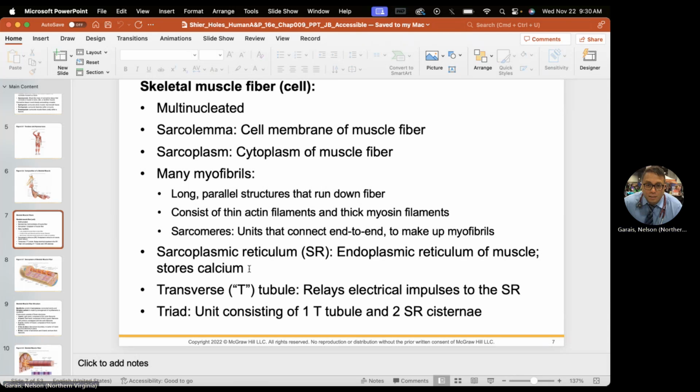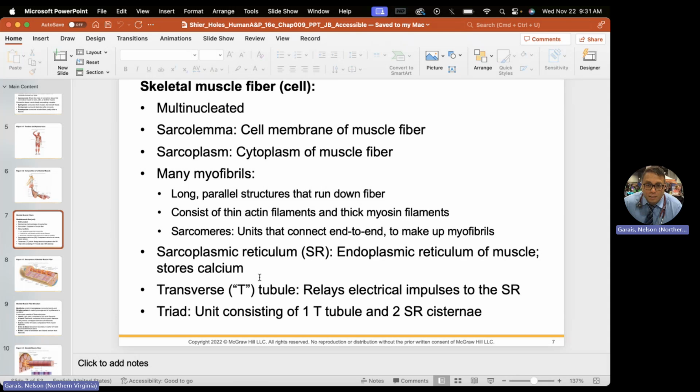Now, we know that the nerve impulses turn on a muscle or make a muscle contract, because that's the main characteristic or skill set of muscle. Its only function is to contract. It needs calcium to turn it on, to contract, and it also has these transverse or T tubules that will relay that electrical impulse to the sarcoplasmic reticulum.